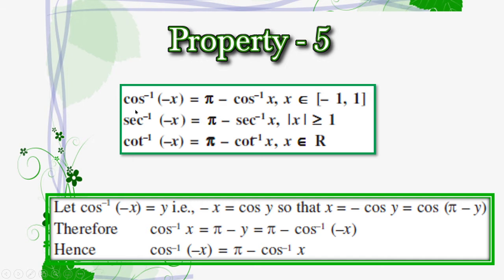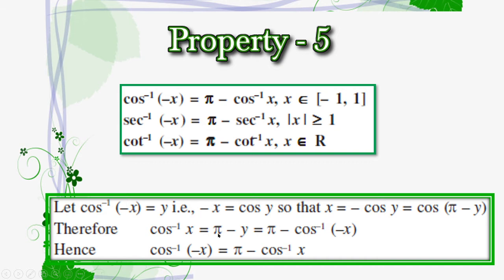Property 5 says cos inverse, sec inverse and cot inverse of minus x are equal to these things: pi minus cos inverse x, pi minus sec inverse x, and pi minus cot inverse x. Cos inverse minus x, let it be equal to y. Taking cos to both sides, it will be minus x equal to cos y. This can be written as x equal to minus cos y. We have taken minus to both sides. And then minus cos theta can be written as cos of pi minus theta.